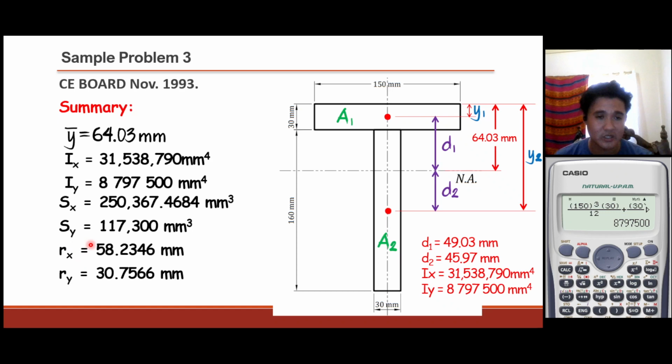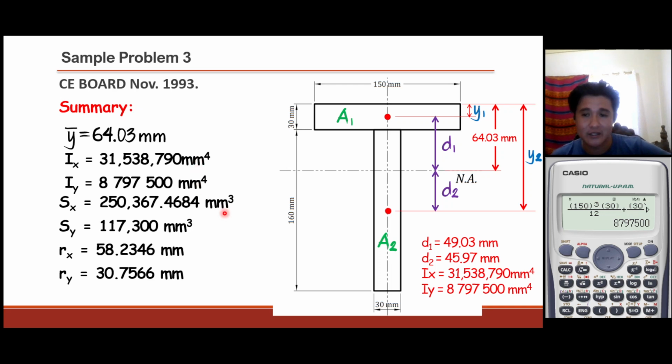Radius of gyration with respect to x, that is 58.2. Tsaka radius of gyration with respect to y, that is 30.8 millimeters respectively. So, this will now be yung summary natin pagka isusulat natin yung front page ng problem natin. Okay? So, that is yung solution natin for sample problem number 3.